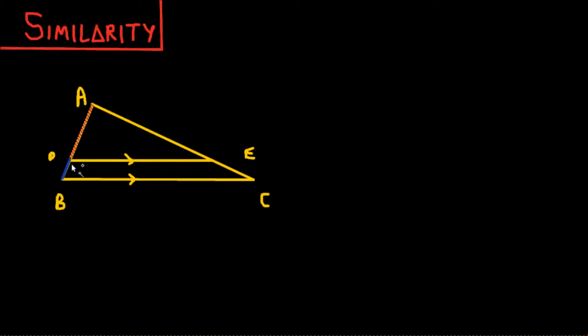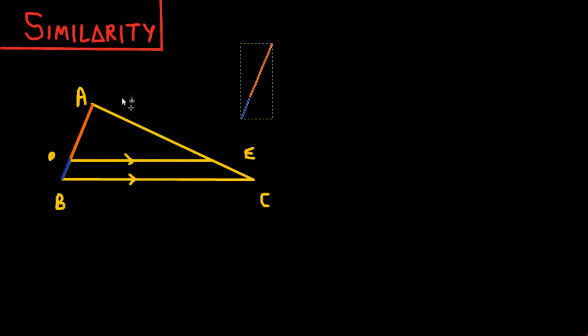You can see that the amount of orange upon the amount of blue, no matter how I extend this line, I can stretch this line or make this line shorter, that ratio will remain the same. So I'm taking a copy of this whole line, orange and blue.